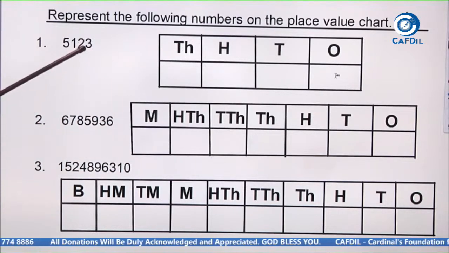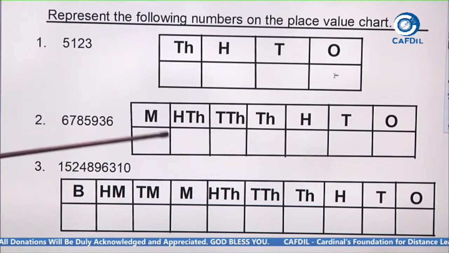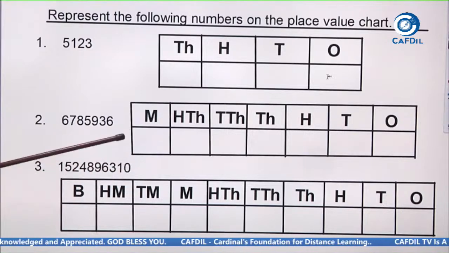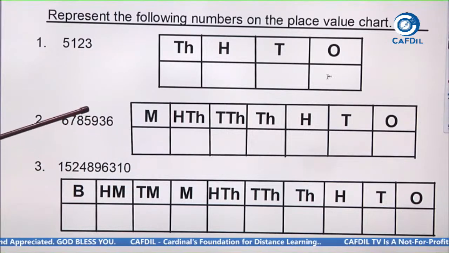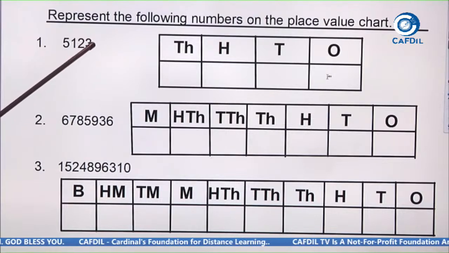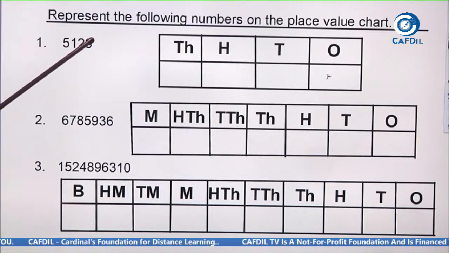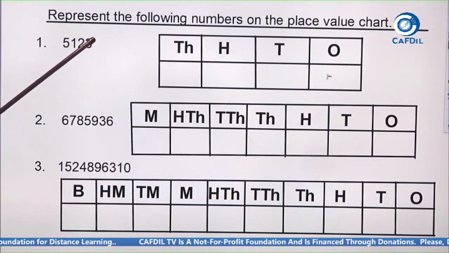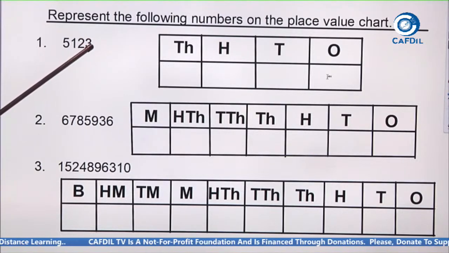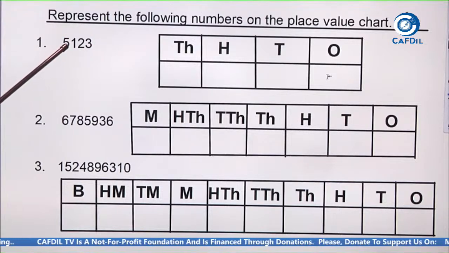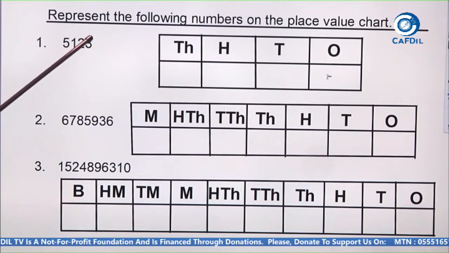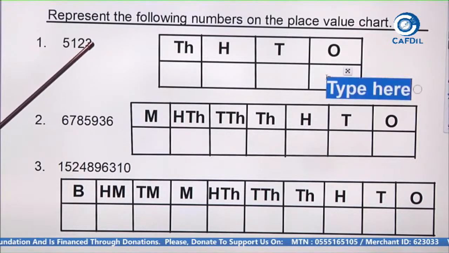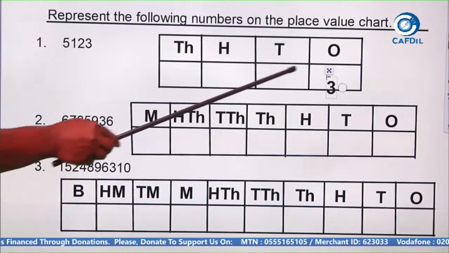Now let's represent this number on the place value chart. Always begin with the number at the extreme right. Don't start from here. Begin with the last number. So the last digit is 3, so this 3 will be here.